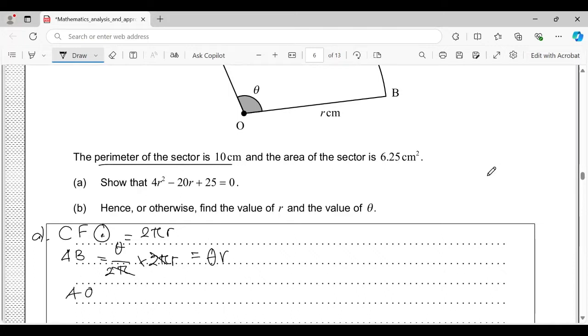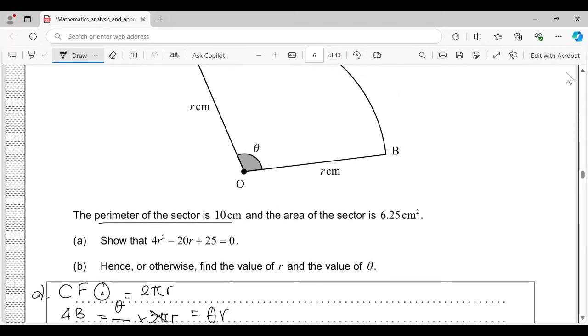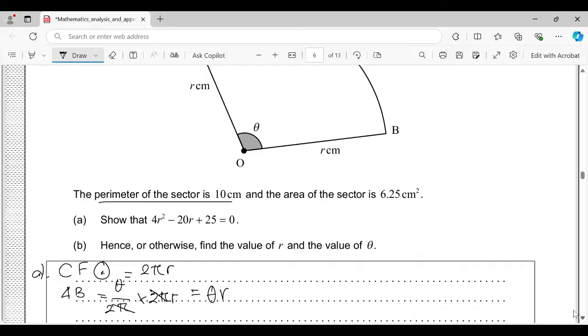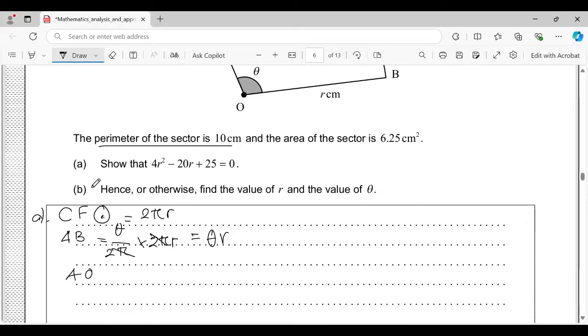AO equals OB equals r centimeters. So AO plus OB equals 2r, r plus r.